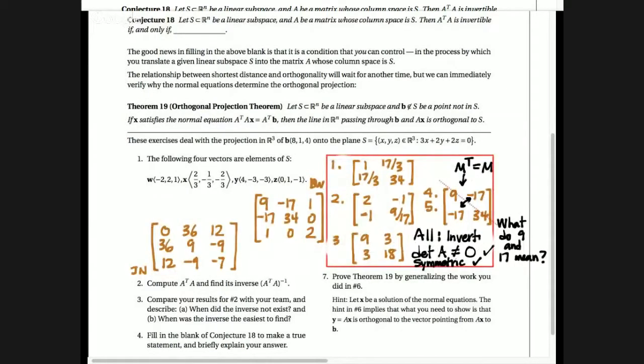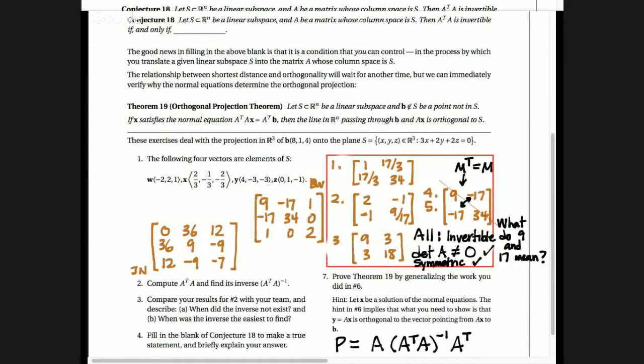Team 1 has also contributed that all of these matrices had inverses. All of the 2x2 matrices that you discovered in this exercise were in fact invertible, which is really, really good news when it comes time to actually make a projection matrix out of this A, right? Because the projection matrix is defined by this matrix product, A times A transpose A inverse times A transpose.